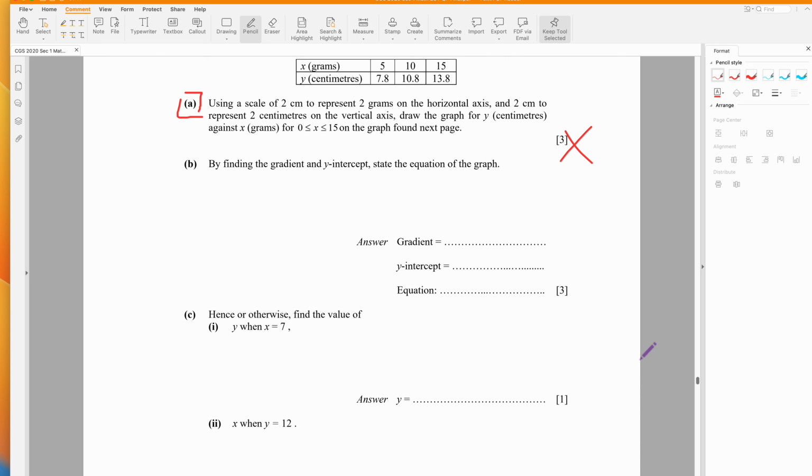Oh, now can connect. When you can connect, that means very likely to be right. If you cannot connect, very likely to be wrong.